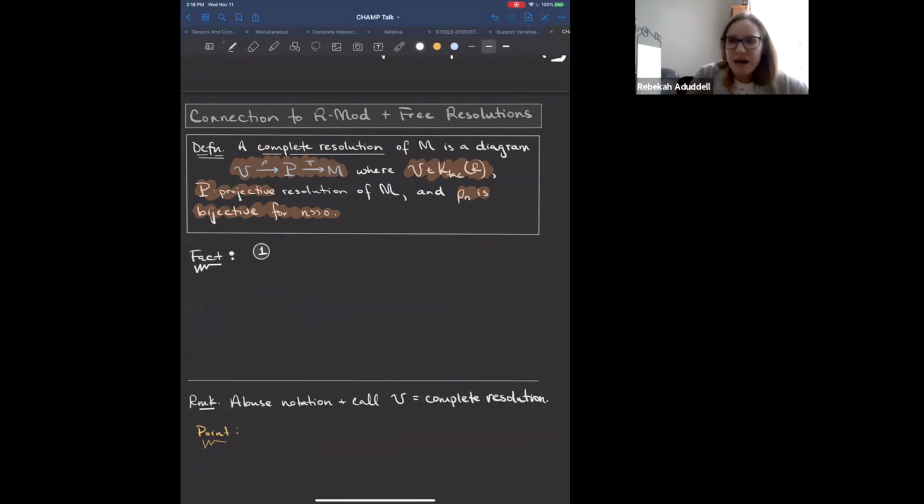The first is that we have this fact that any finitely generated module has a complete resolution. And so there's a way to construct this using the free resolution of M. There's a way to take the free resolution and then create a totally acyclic complex from that, where we have an eventual bijection of that map.